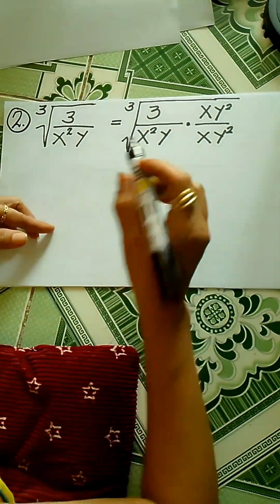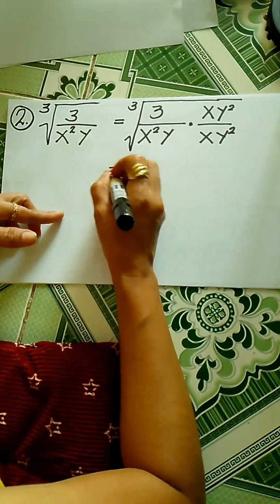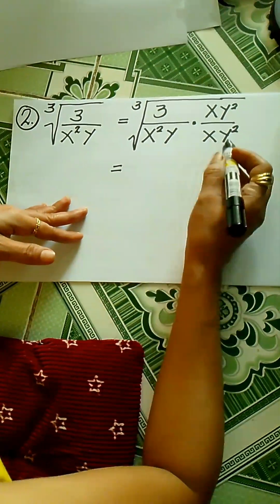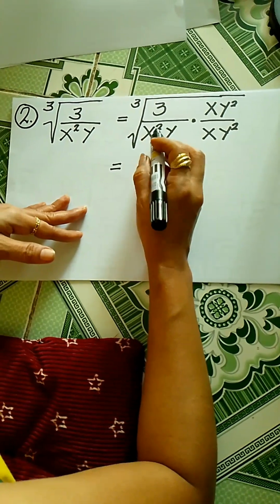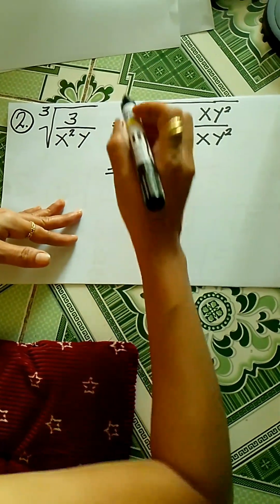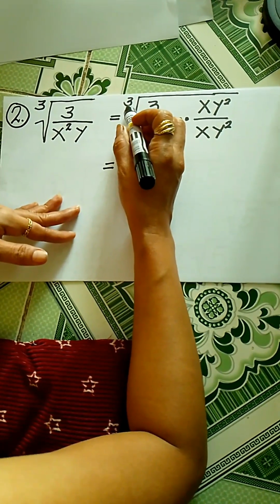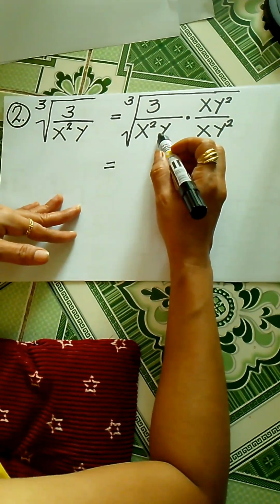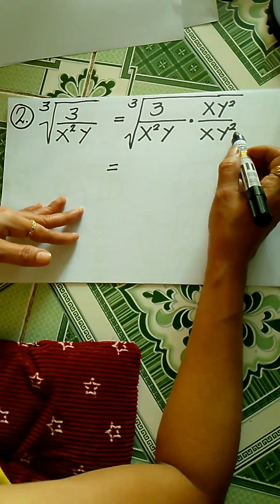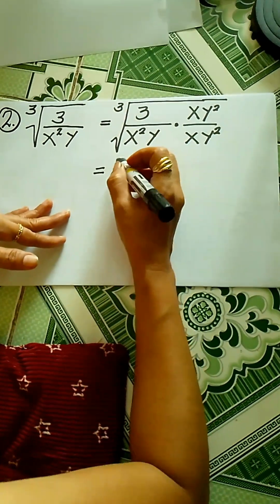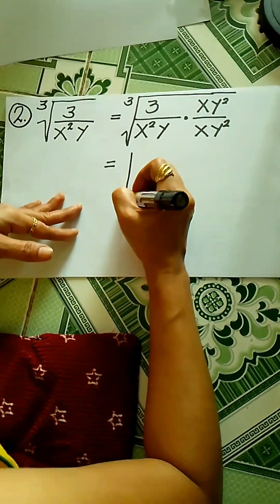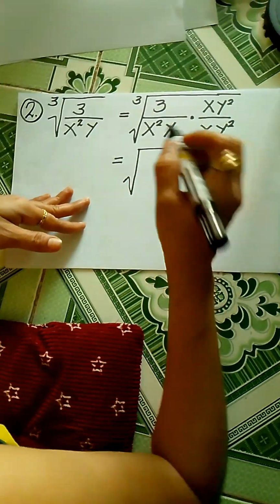No? Sige. Katulad ng sinabi ko, ang kailangan lang ay maging perfect cube yung denominator, or ang denominator dapat ay hindi radical o walang radical symbol. Hindi radical number.